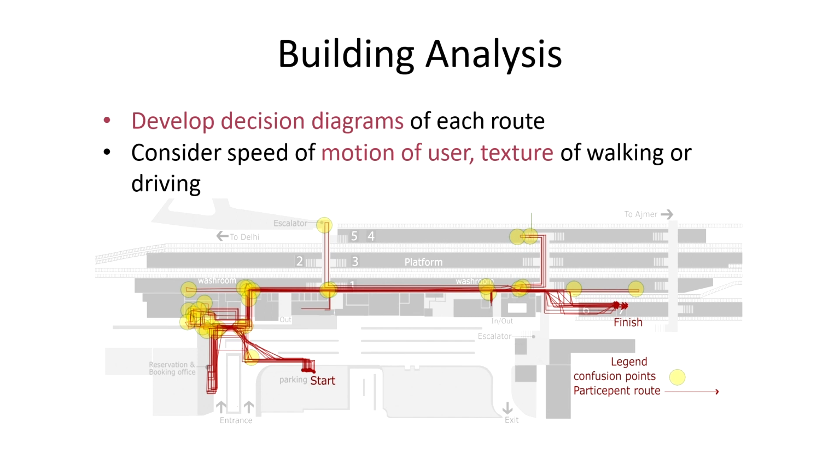Developing decision diagrams of each route is essential to streamline the navigation process within a space. These diagrams offer a visual representation of the sequential decisions an individual must make to successfully navigate through the environment.